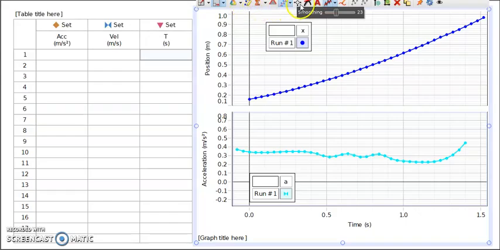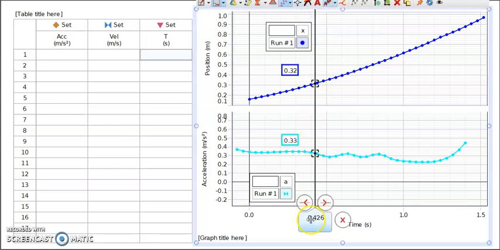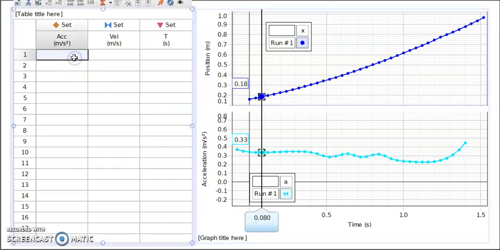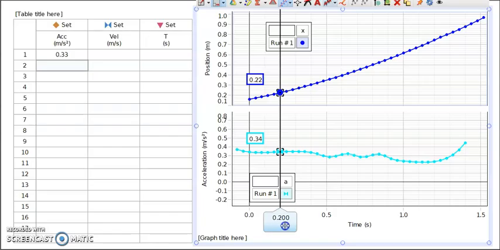We will go to the coordinates tool. We'll use the multi-coordinates tool and we'll read the data off of that. So let's start off with the first acceleration, 0.33 meters per second squared. Then we'll go to 0.34 meters per second squared.